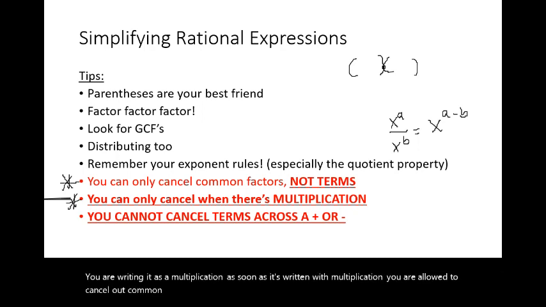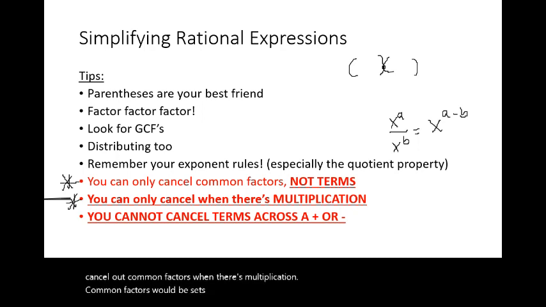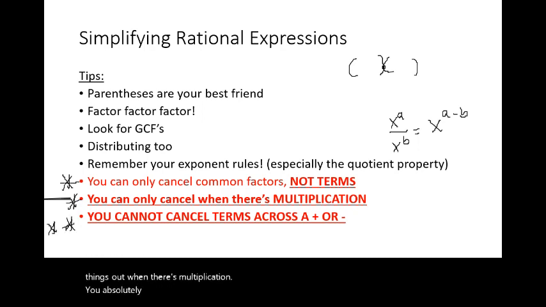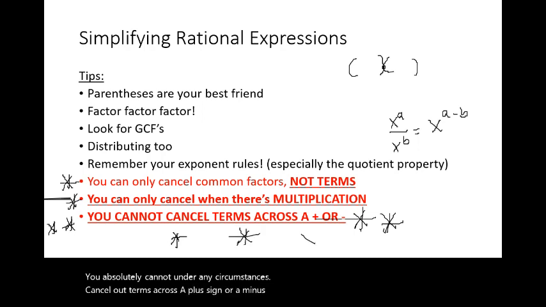Common factors would be sets of parentheses that are exactly the same. So you can only cancel things out when there's multiplication. You absolutely cannot, under any circumstances, cancel out terms across a plus sign or a minus sign. You cannot cancel out terms across addition or subtraction.